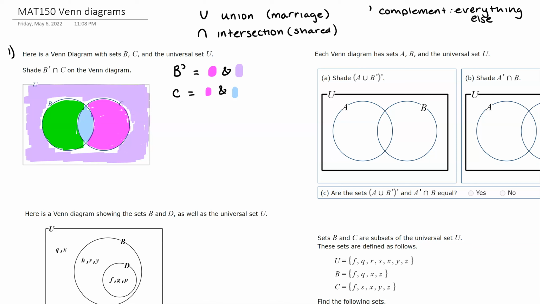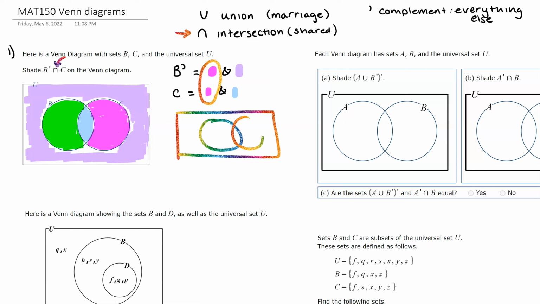Now we have this symbol here, which was intersection, meaning what do they have in common? These 2 sets have the pink room in common. So now when you enter your answer, you're only going to color the answer. The answer to this question is this room here.